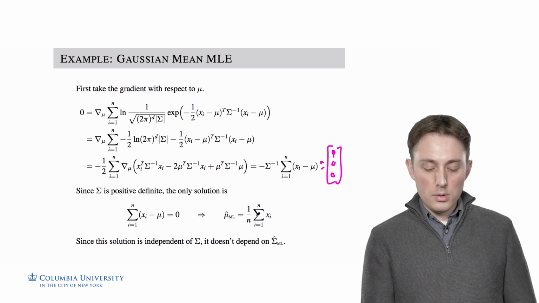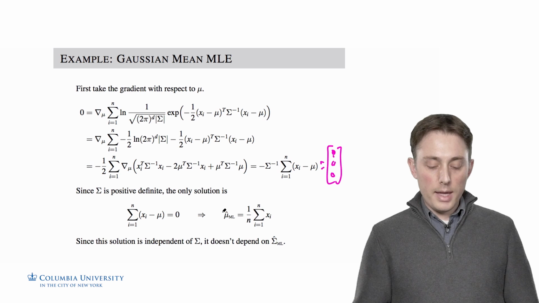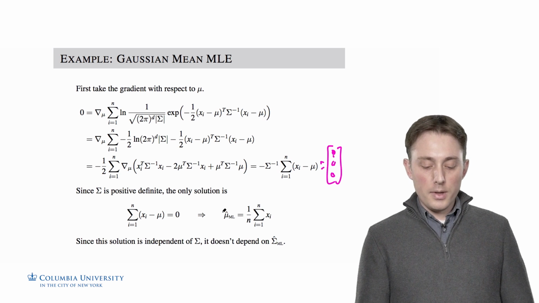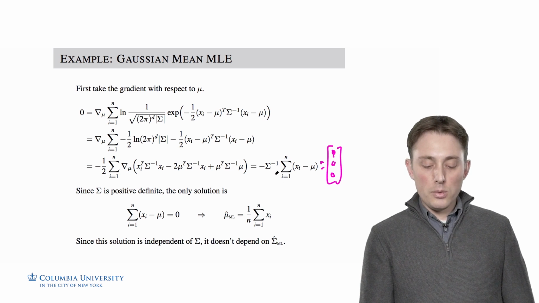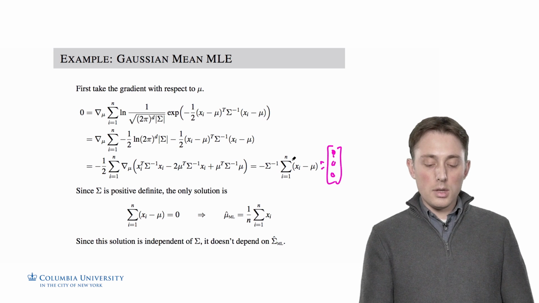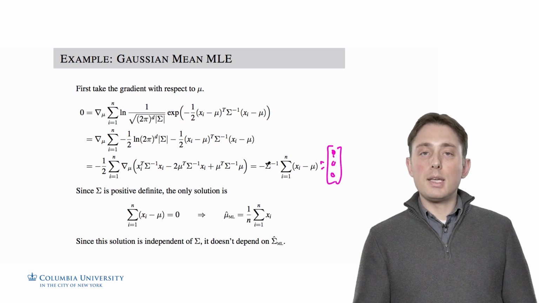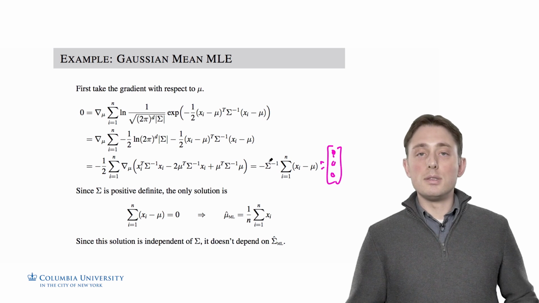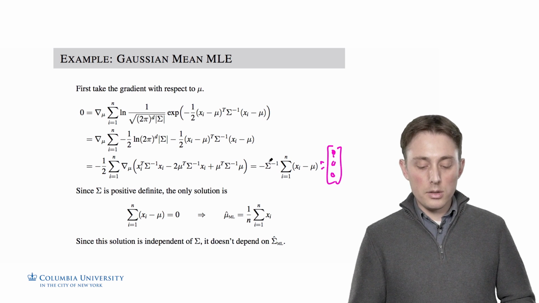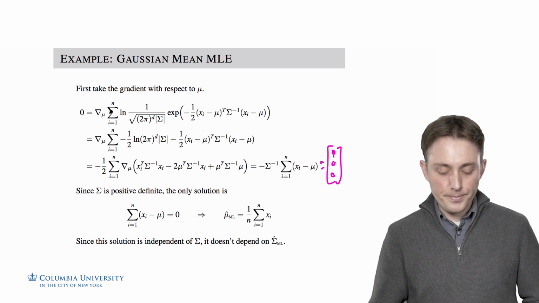So if we set mu to be equal to the sum over all of the data points divided by n, the empirical average, call that the maximum likelihood value for mu, then that is the value at which this function here is equal to 0 for any value of sigma. So fortunately, it turns out in this case that sigma does not change our maximum likelihood solution for mu, which is why we could simply solve mu first.